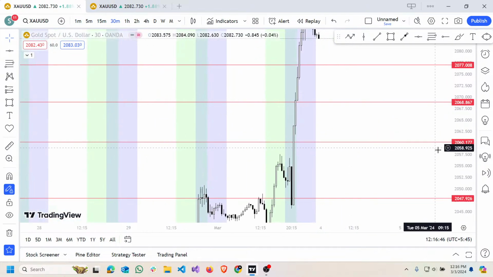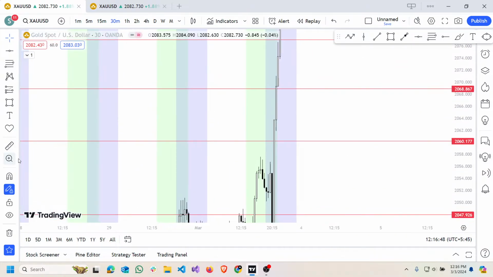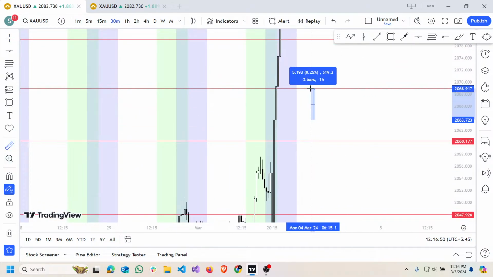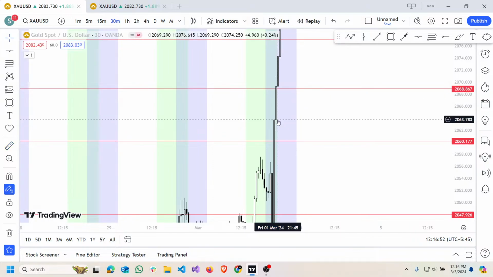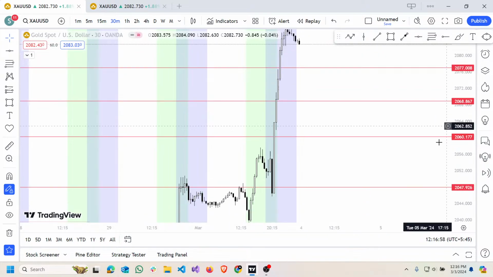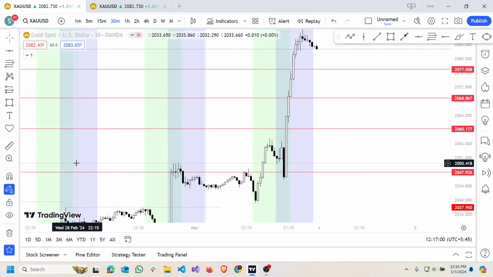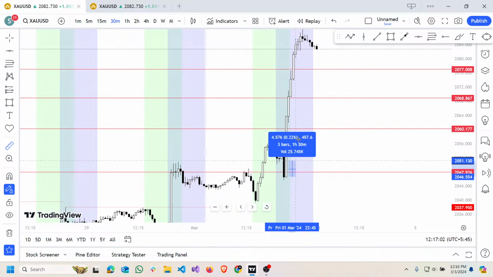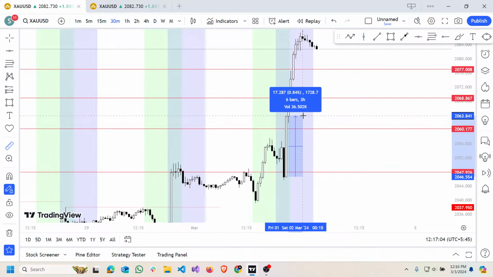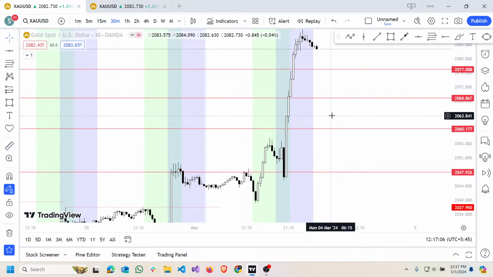So look, I would have expected the market to burst. I would have entered here with the opening of the candle. Why? Because of volume. See, there is a big volume. This is showing this is not a fade out. This is not a trap.